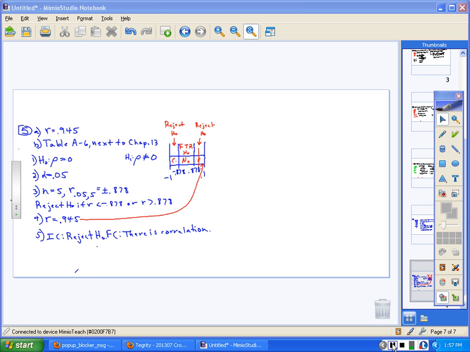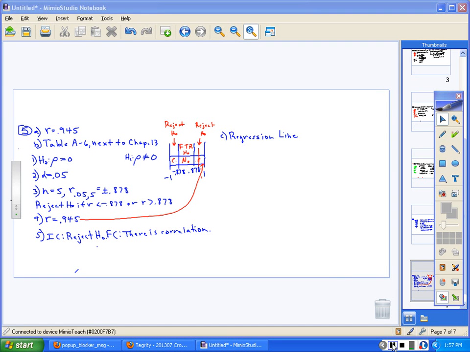Okay, and I'm going to tell you that that's the same answer that you're going to get on the final, because if there is no correlation, then you can't go on and do part C. And part C is to come up with the regression line. It's the line that fits those points.